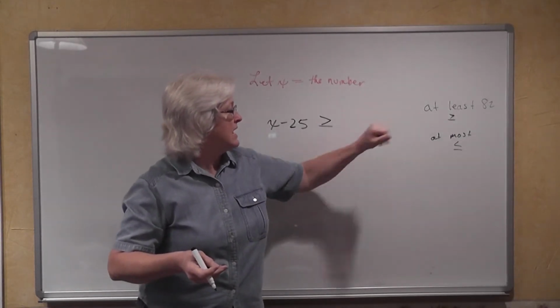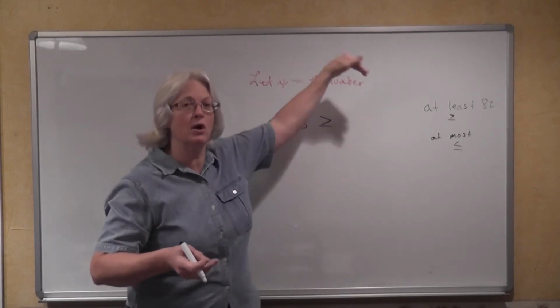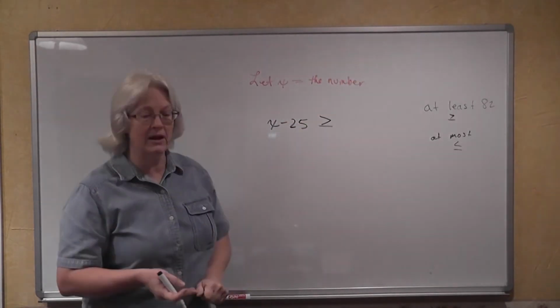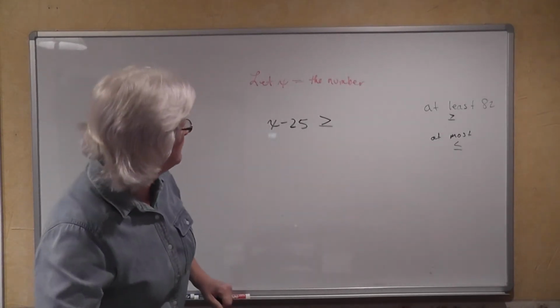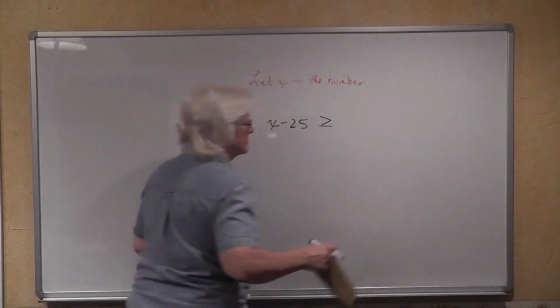At least 82 means 82 is your baseline. Anything over that is acceptable as well. So here we have x less than 25 is greater than or equal to 82.